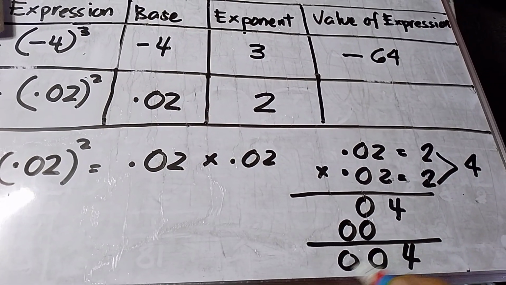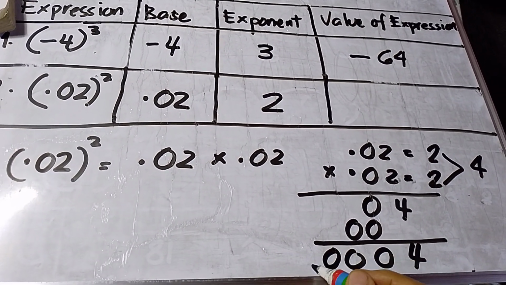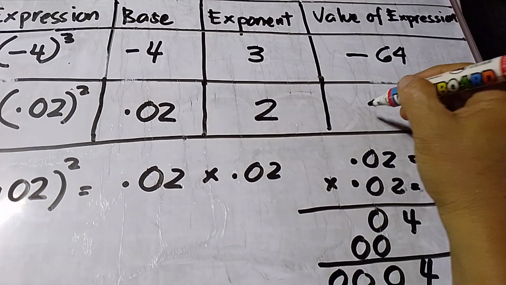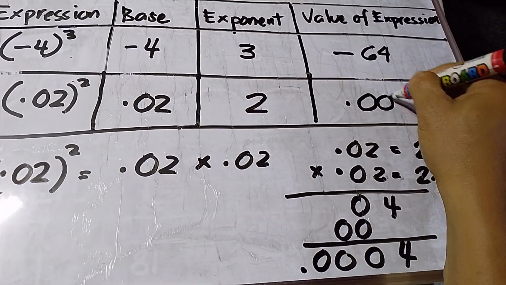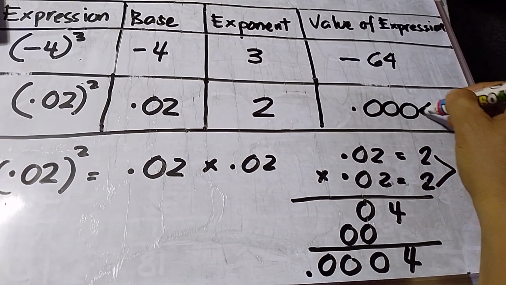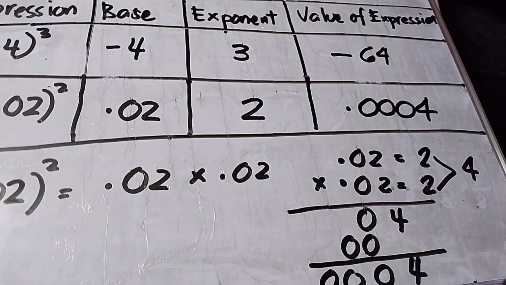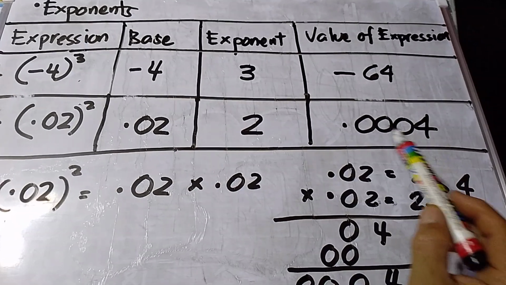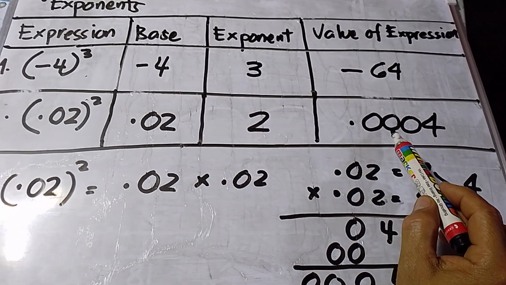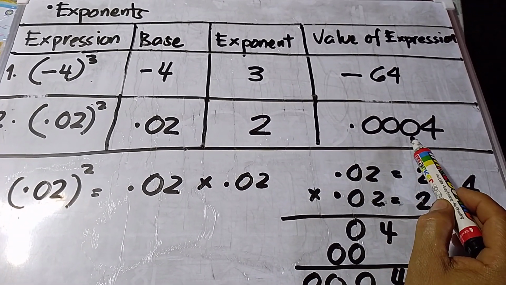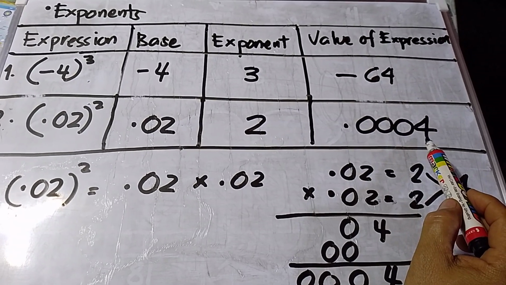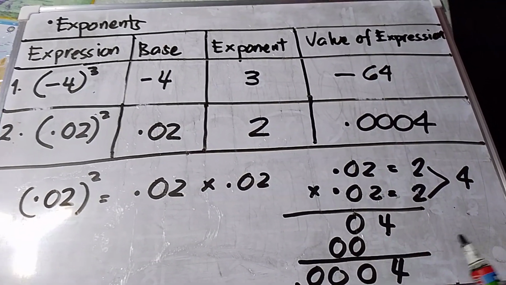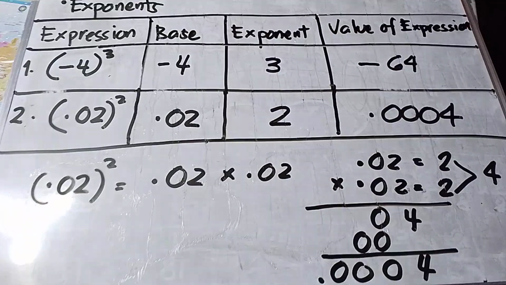Since there are only 3, so we add 1, and then this is the point. So we have now 0.0004. So how do we read this one? This is tenths, hundredths, thousandths, ten-thousandths. So this is 4 ten-thousandths. So that is for number 2.